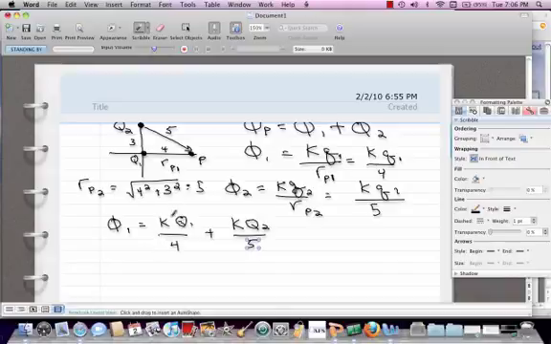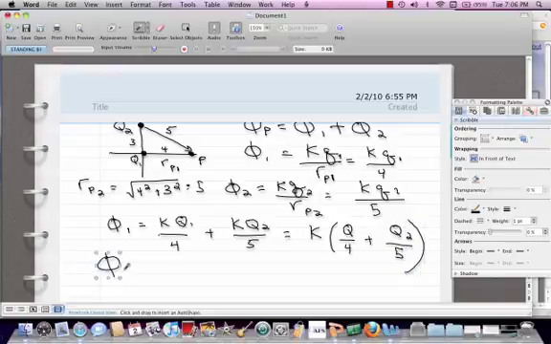Now I can factor K out of both of these. So that's K times Q1 over 4 plus Q2 over 5. This is not phi 1 anymore, this is just phi P.